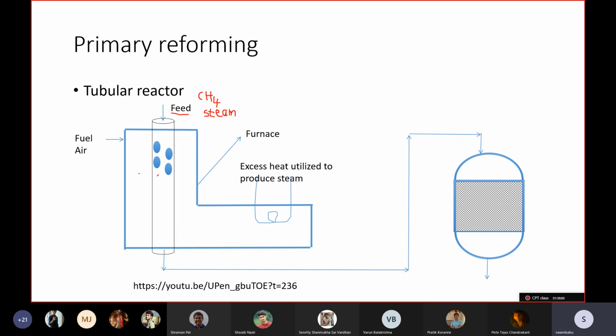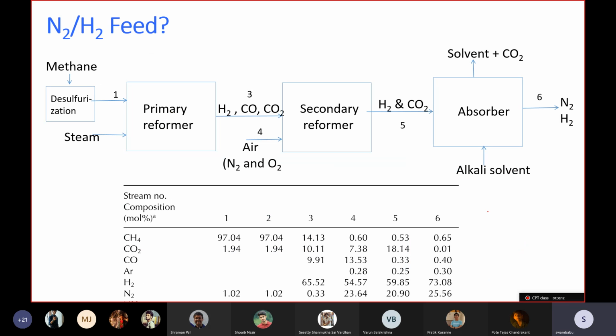So this is where the primary reforming takes place. Then the secondary reforming takes place in this reactor. So yeah, we have 5 minutes. So we have methane.